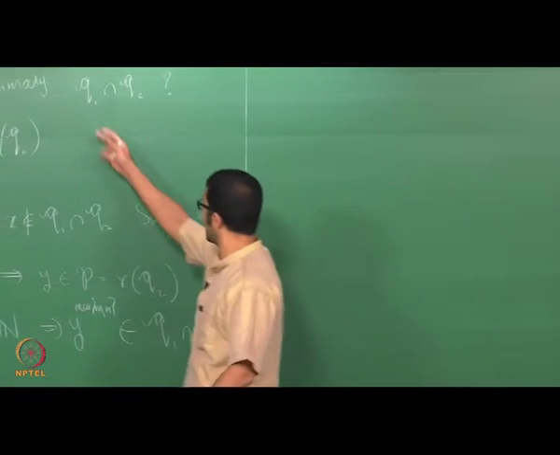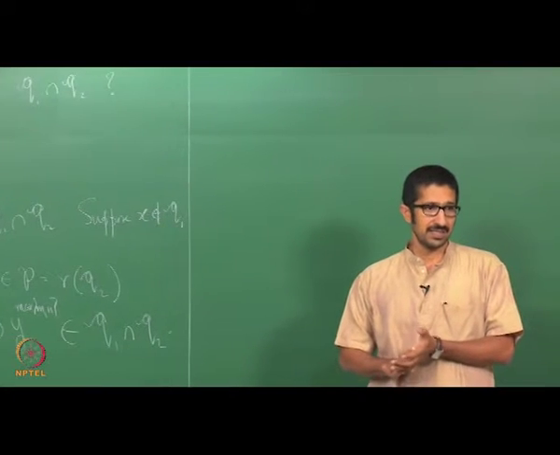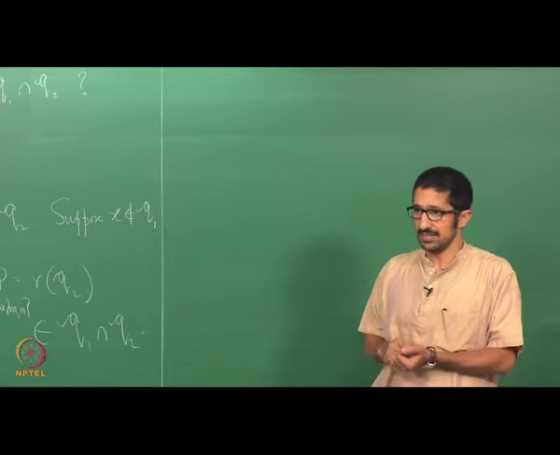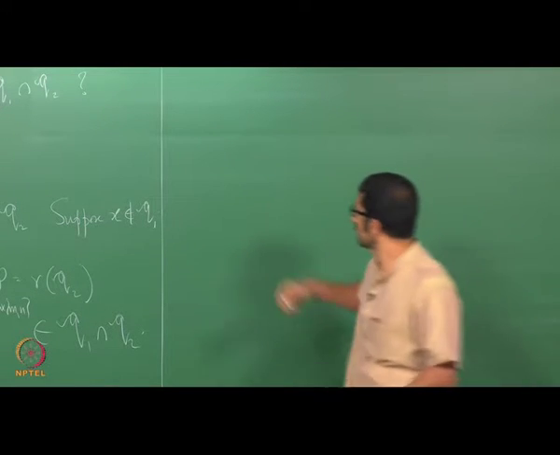Now, which are the ideals that can be written in the form of an intersection? Such ideals are called reducible ideals or decomposable ideals, okay.